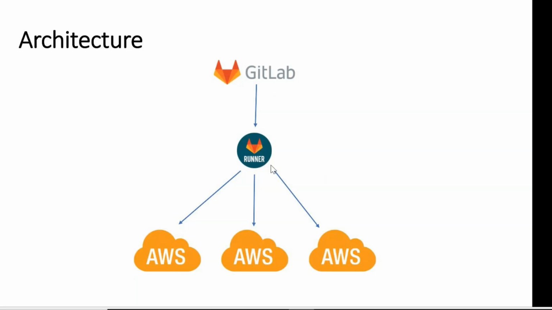This GitLab runner should have Terraform installed, because you pull the Terraform code to this runner and just do Terraform init, Terraform plan, and Terraform apply on the target environment.